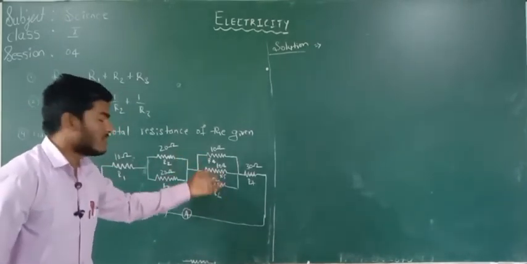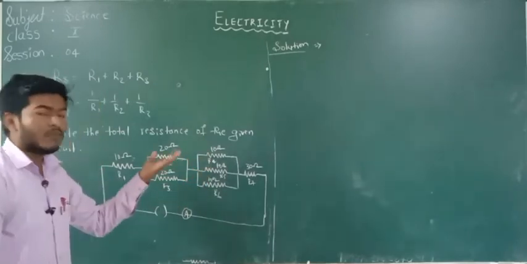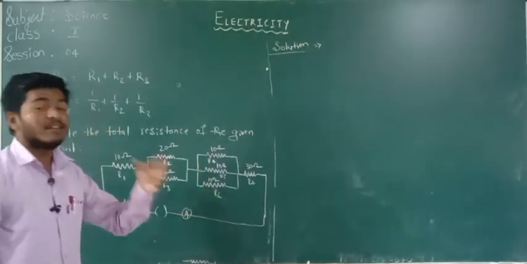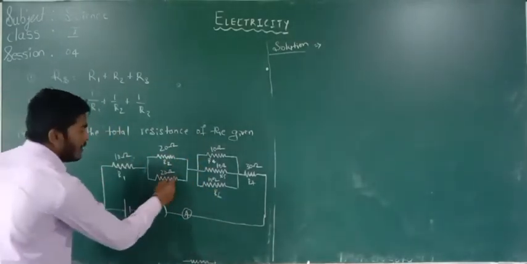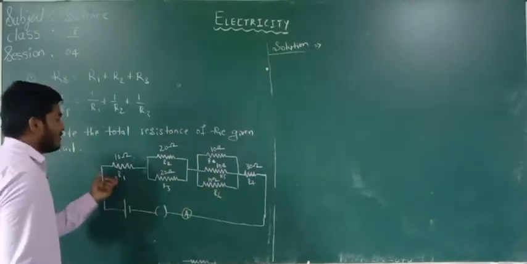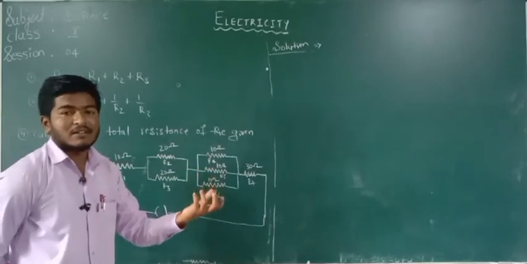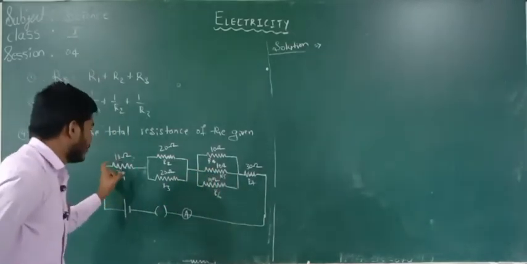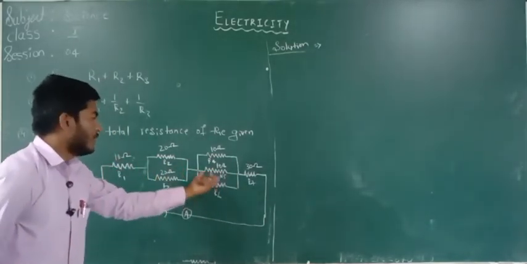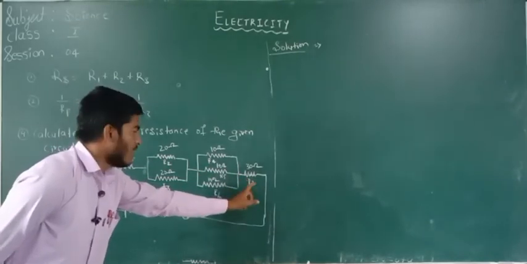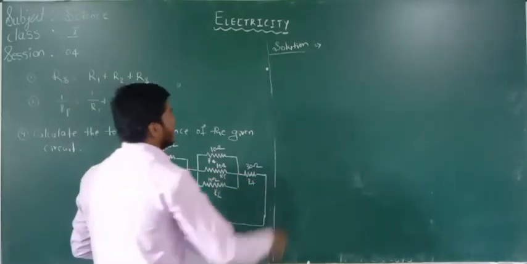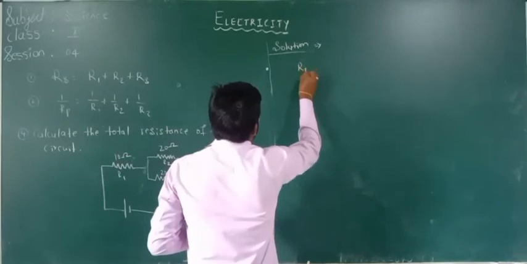Then we are going to replace the three resistors by the equivalent resistance. Then we get here RP1 and RP2. All the 4 resistors are in series. Next we are going to calculate the equivalent resistance RS, RS is equal to R1 plus RP1 plus RP2 plus R7.